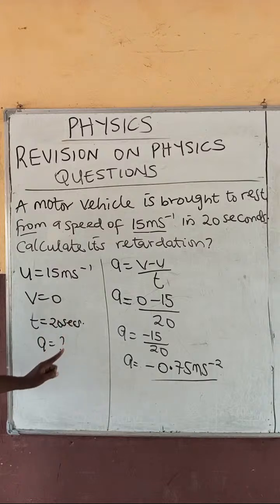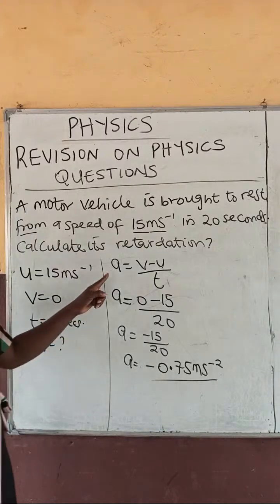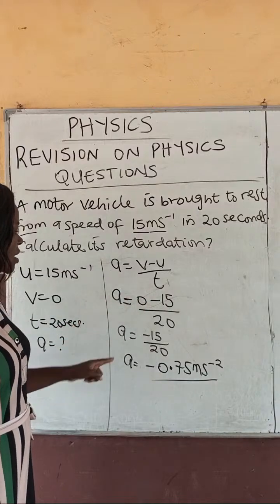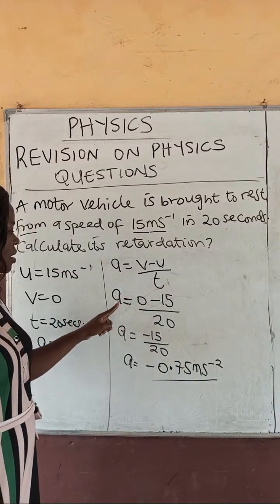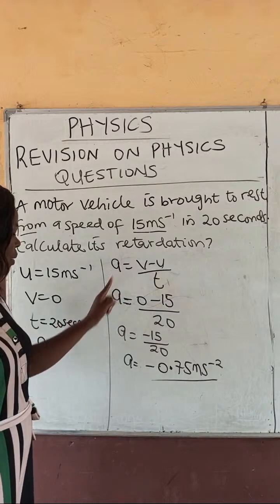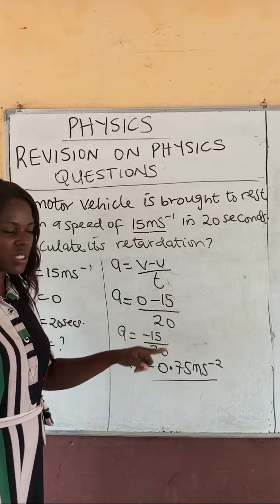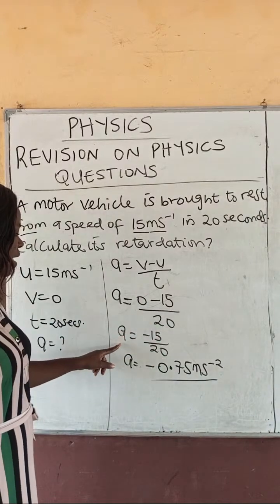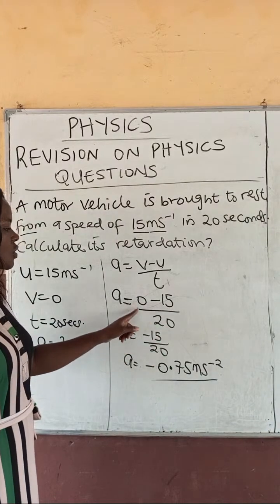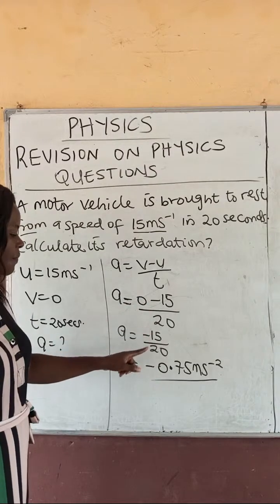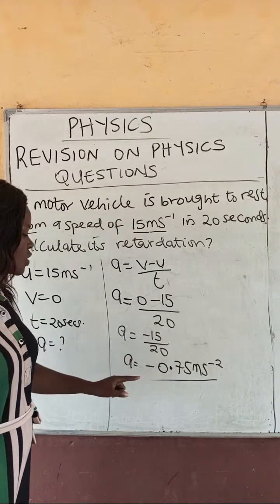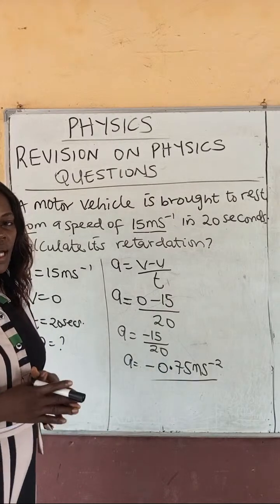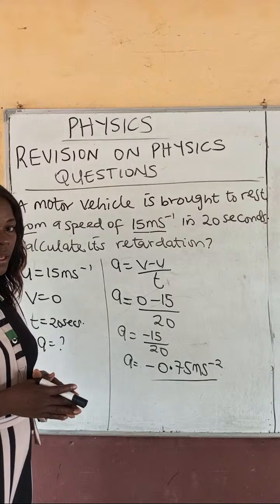So I'm looking for A. Our formula: A is equal to V minus U over T. A is equal to 0 minus 15, divided by 20. So 0 minus 15 is minus 15 divided by 20, and by the time you divide, the answer becomes minus 0.75 meters per second square. Is that okay?